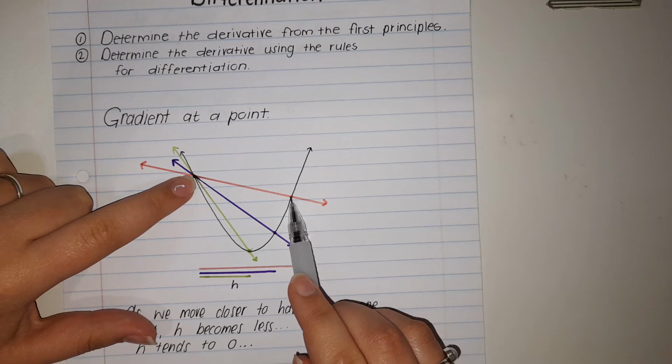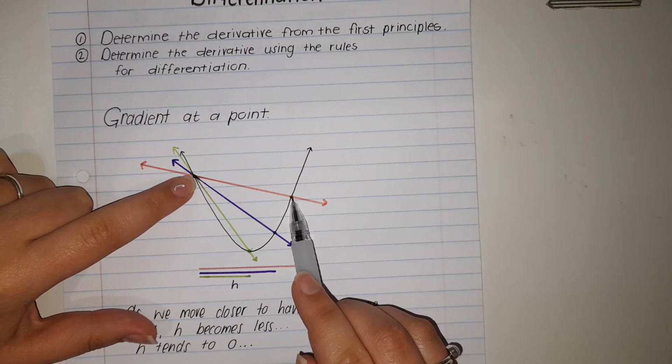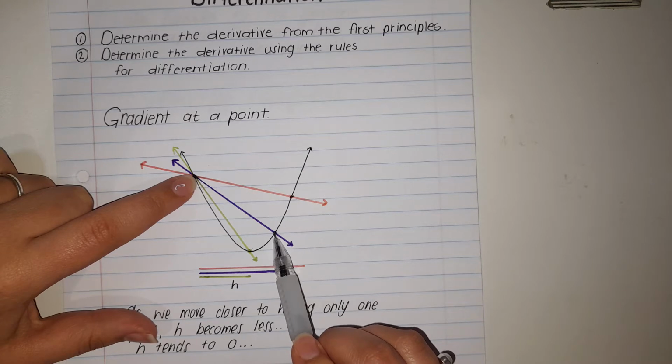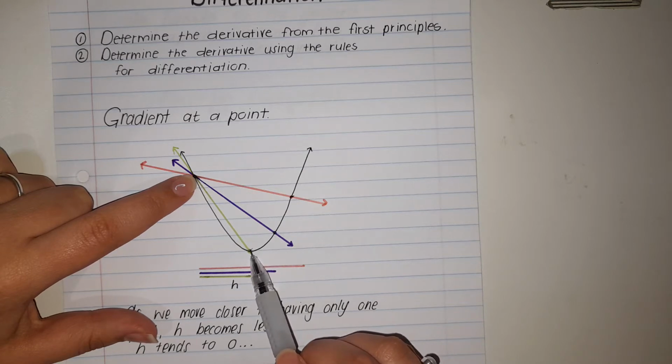Now, as we make the space between our first point and our second point closer, our distance becomes smaller. H decreases. H moves closer to 0.